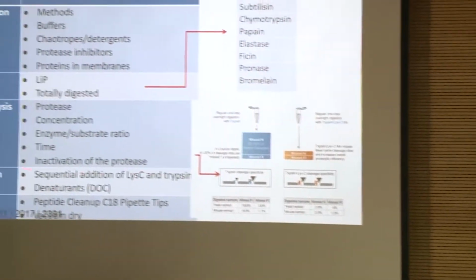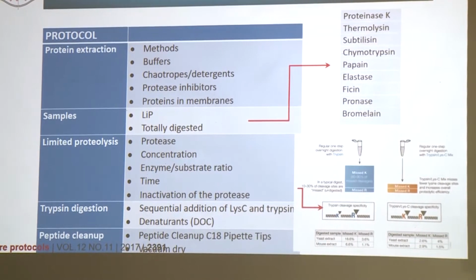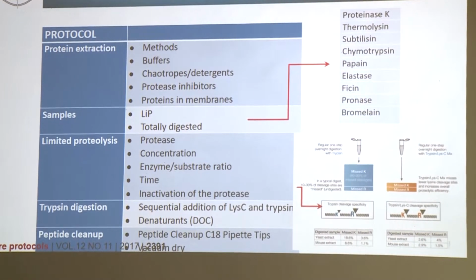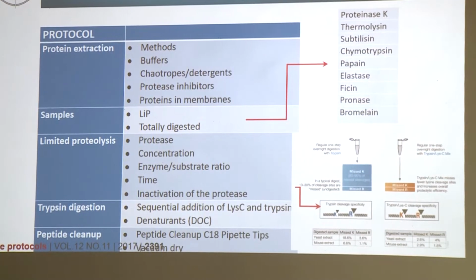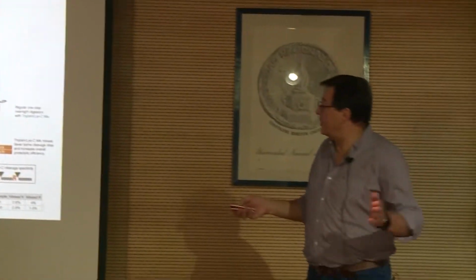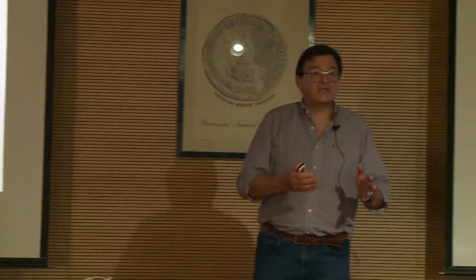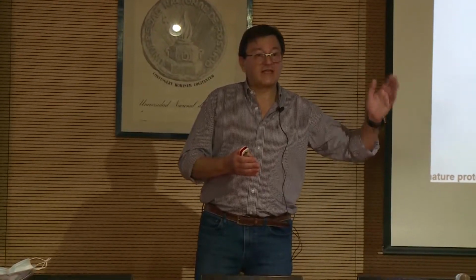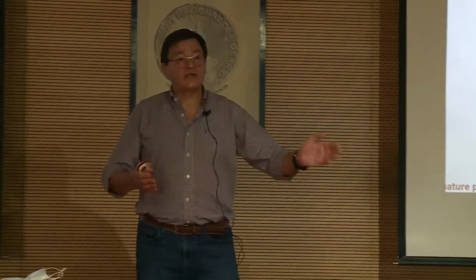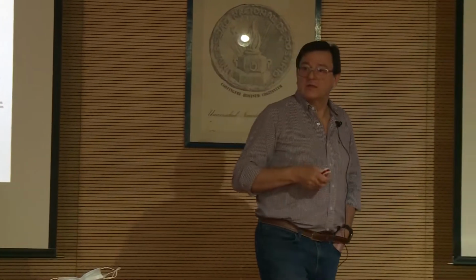And another important thing is the inactivation of the protease. You have to be sure that the protease that you are going to use can be inactivated in a rather perfect way, because otherwise, when you perform the sequential trypsin digestion, if you have some remaining protease, like proteinase K, the whole sample will be lost.